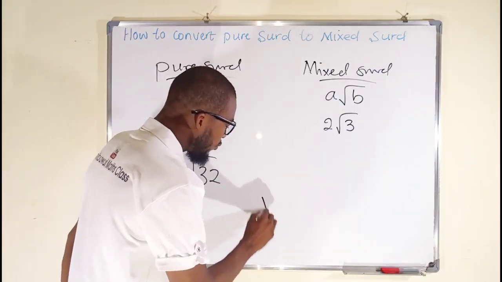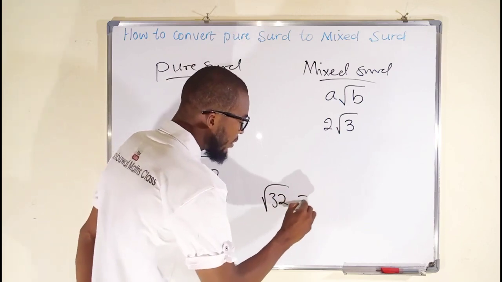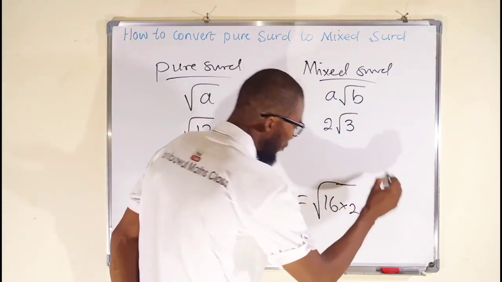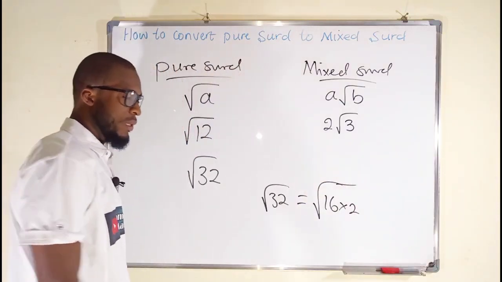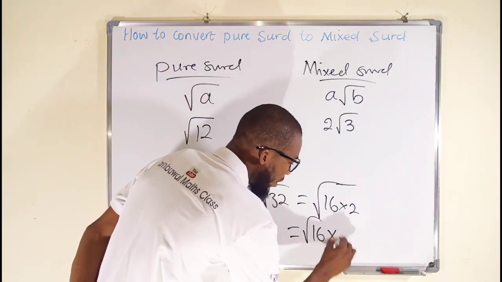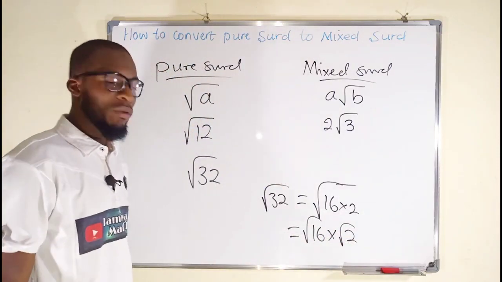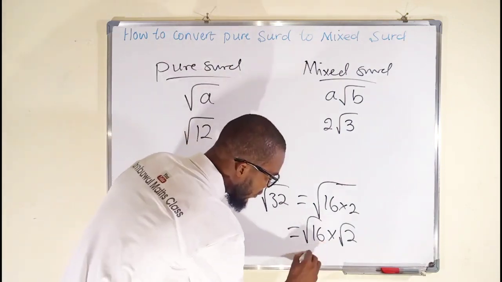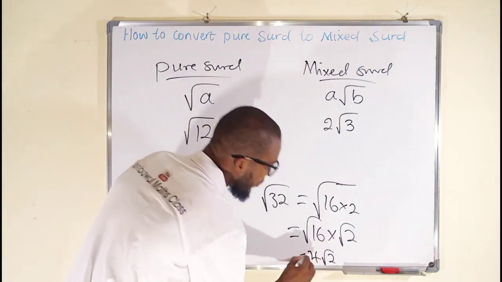So 32 can be seen as 16 multiplied by 2. This is the same thing as 16 in square root multiplied by 2 in square root. Square root of 16 is 4. Times root 2 is 4 root 2.